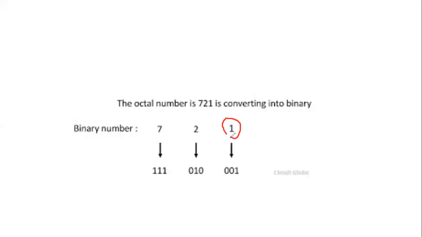So how do you write 1 in binary? You write 0, 0, 1. How do you write 2? You write 0, 1, 0. You have to write all these in 3-bit binary form.